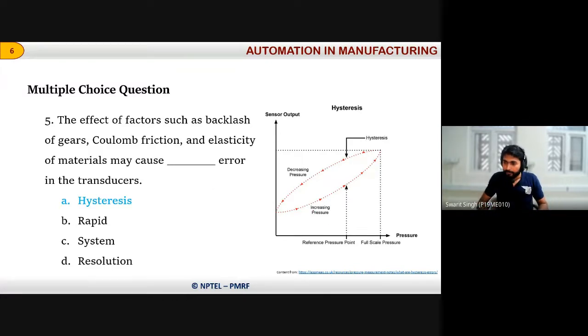So if you're increasing the pressure from this 0.2, you're going to the maximum point. Okay, and then again you are coming back. So you'll see there are some differences.